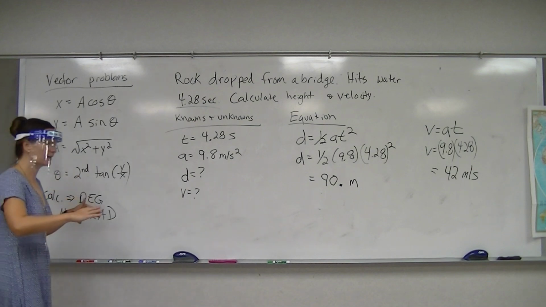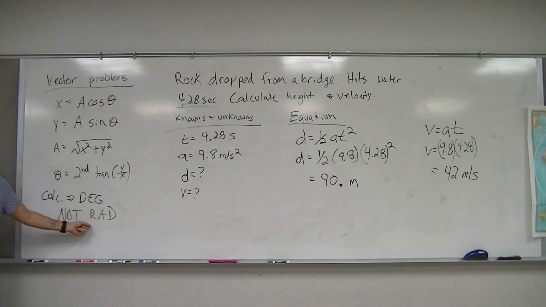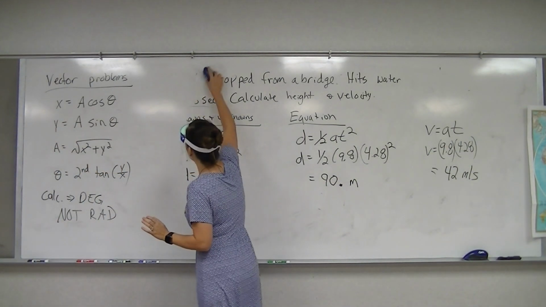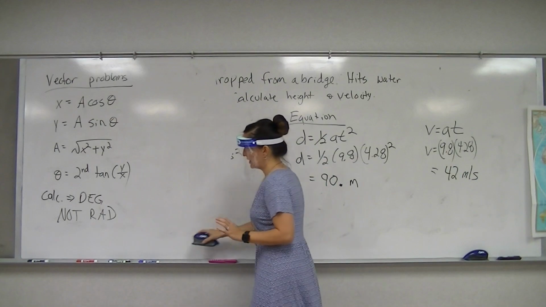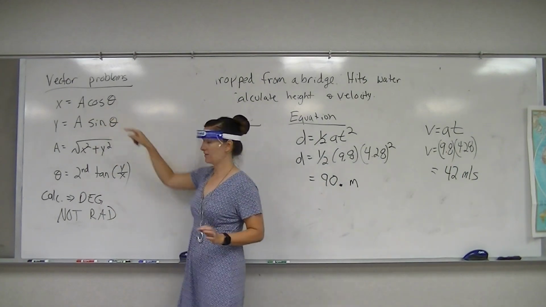I can see their work, but they're getting the wrong answer. Why? Because their calculator's in the wrong mode. So make sure it's in degrees and not radians. If you don't know how to do that, you can ask me, look it up, but get it in degrees. It's not going to affect any of the other problems that you do. It only affects problems when you're using the tangent, the sine, and the cosine functions.